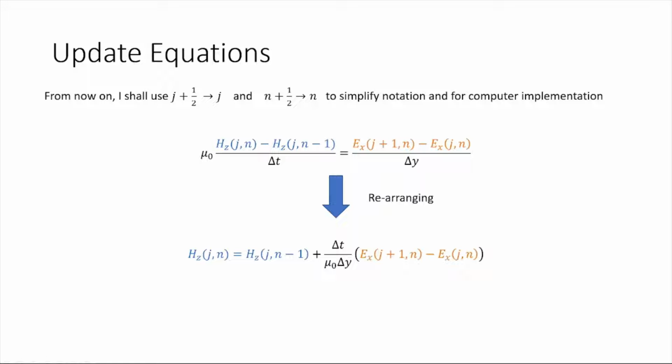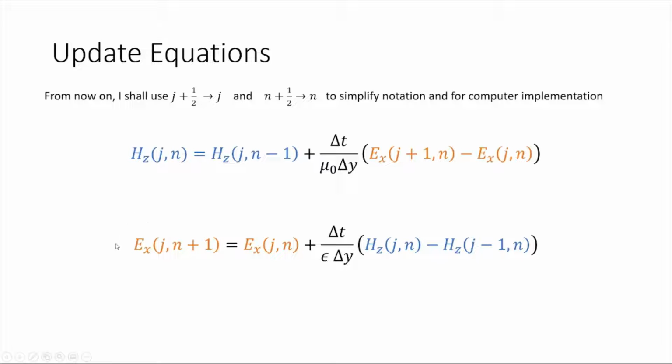It's the previous step in time. So we already know this. This was solved at the last time step. Plus this term here, where we need to know Ex at n at j plus 1 and Ex at n at j. So this was also solved at the previous time step, though that might not be obvious to you just yet.